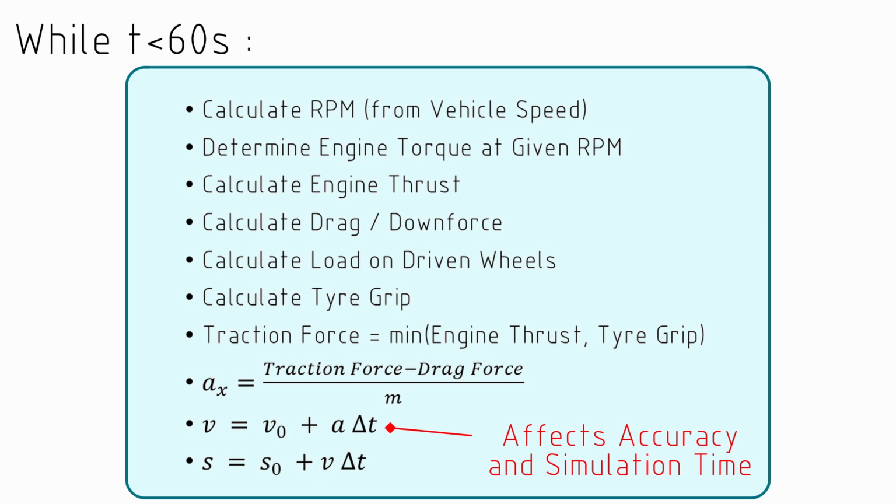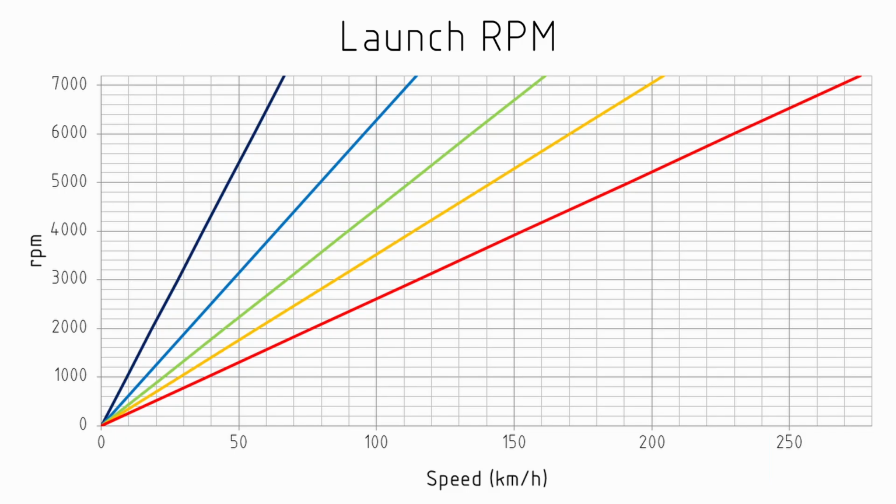For the purposes of this simulation, I set it at 0.005 seconds, which means that's the absolute limit of accuracy of the time that I'm going to get, but there's actually quite a few other things that are affecting the accuracy already. Now at the launch, at the very beginning of the acceleration, we'll hold a fixed launch RPM until the vehicle's driven wheels RPM will match that particular speed.